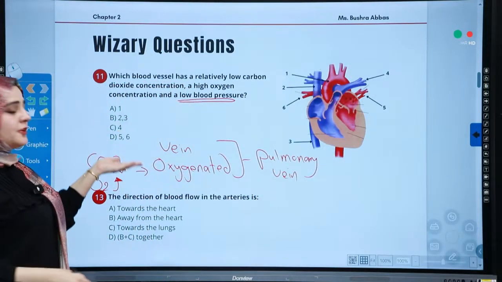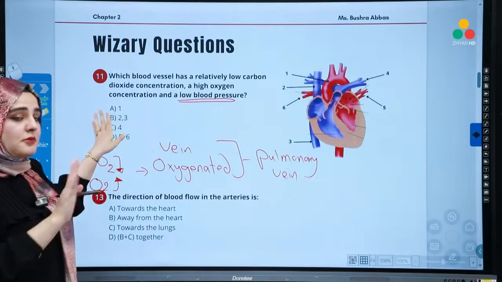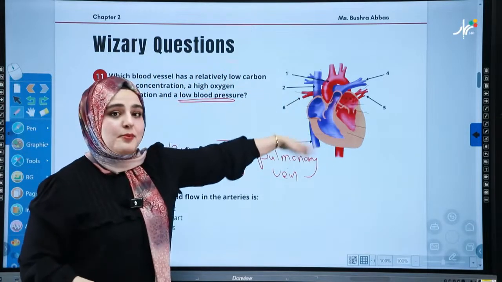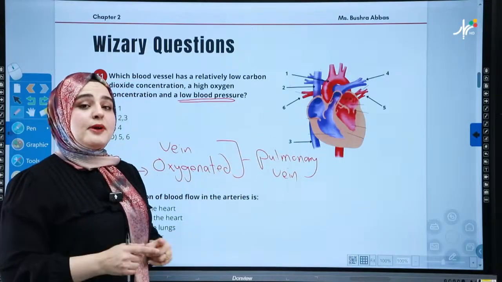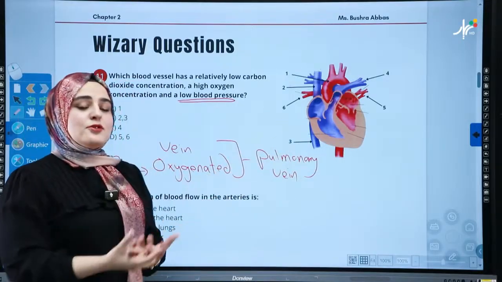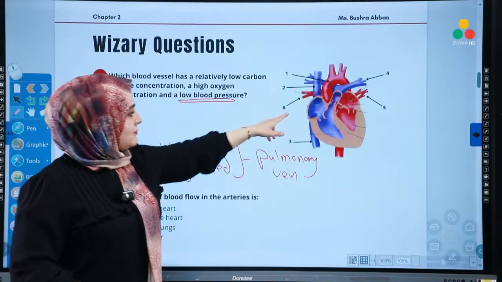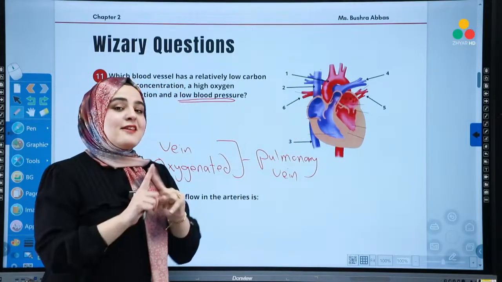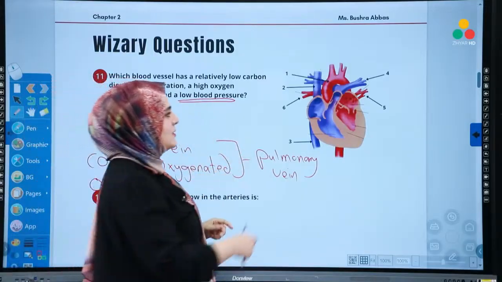Here I'm looking for the pulmonary vein, but I don't see it named because numbers are labeling this picture. I have to find out which one of these is actually the pulmonary vein. According to what we learned, veins are attached to the atria, not the ventricles, the upper chambers, the smaller, thinner upper chambers.